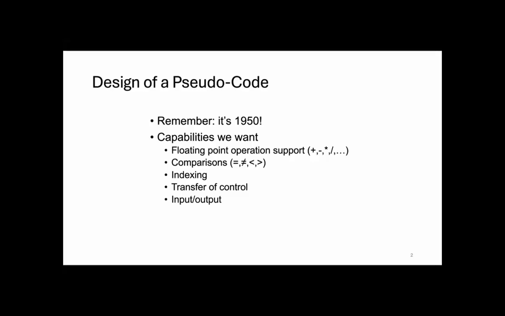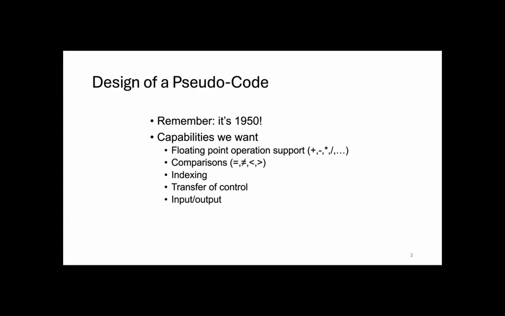Now when we are designing our pseudocode, we have to remember a couple of things. It is the 1950s, and we want our system to have floating point operations. We want to be able to add, subtract, or divide. We want to be able to do comparisons. We want to have indexing.